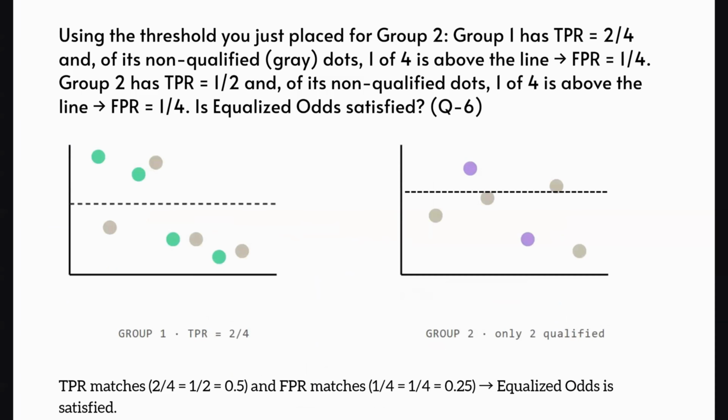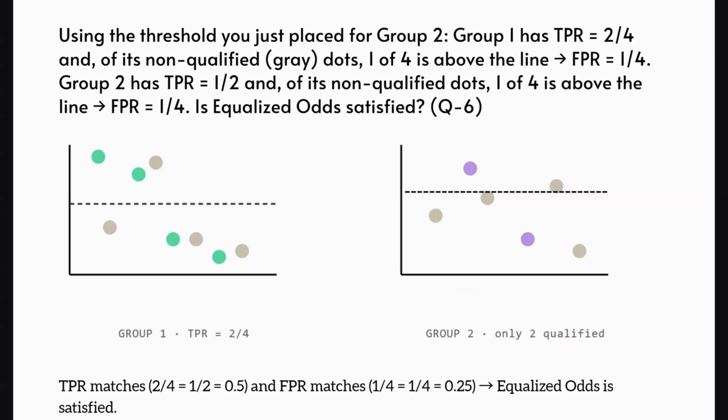Going back, does equalized odds satisfy? The answer says yes. You just have to make sure that the true positive rate for both are equal and the false positive rates for both are equal.